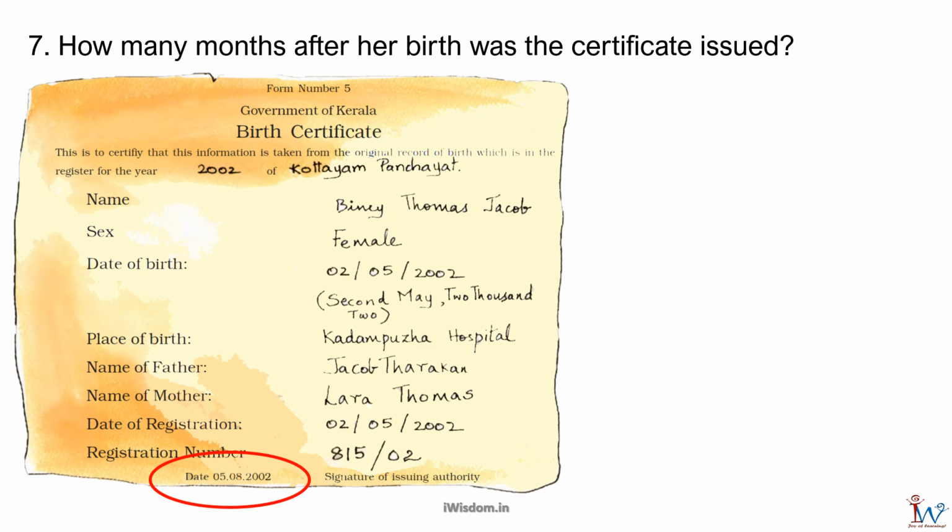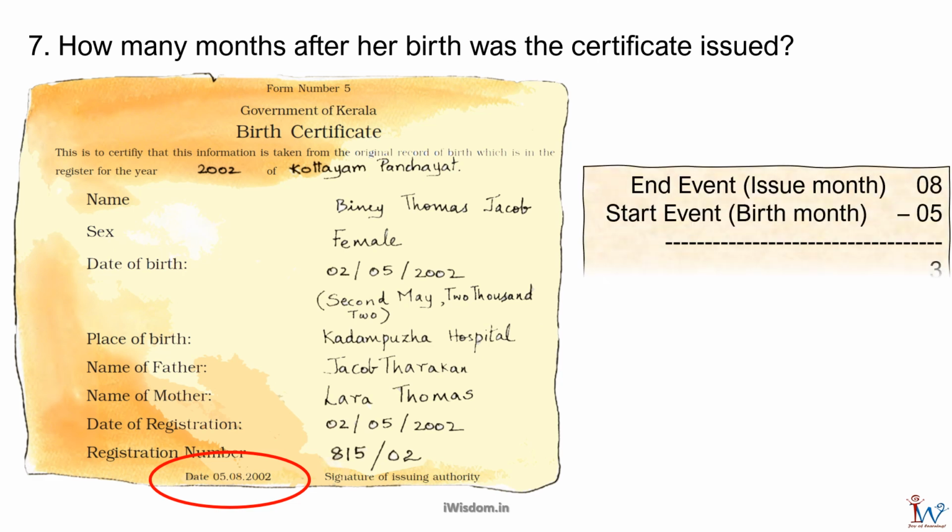To answer the question, we have to calculate the difference between the issue date and the date of birth. Since the year for both the issuing date and birth date is 2002, the difference is only in the months. The difference in the month is 8 minus 5, which is 3. The certificate was issued 3 months after her birth.